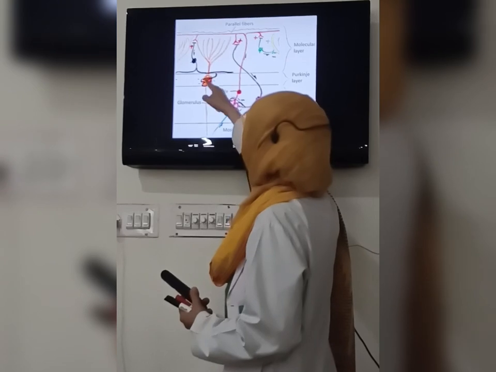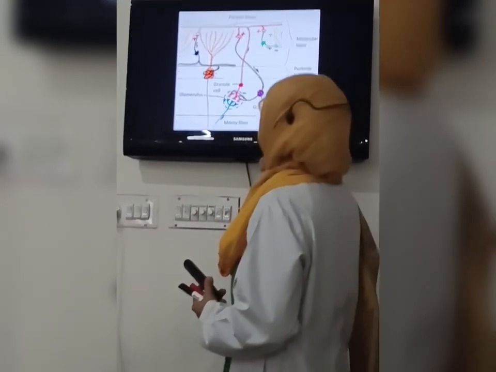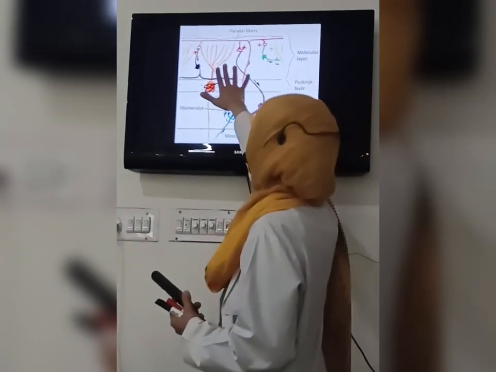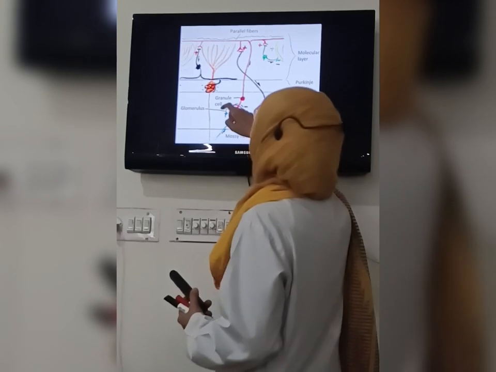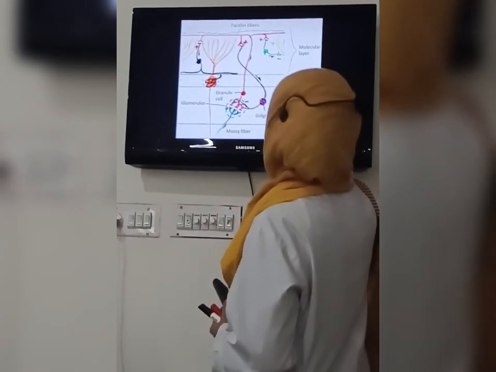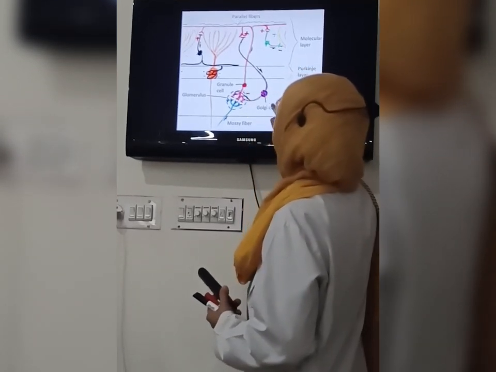On this, just one cell is being shown that is giving fan-like or staghorn-like dendrites towards the molecular layer, right? And it has got the axons. Then we enter into the granule cell layer, and here we get the granule cell and the Golgi cell.